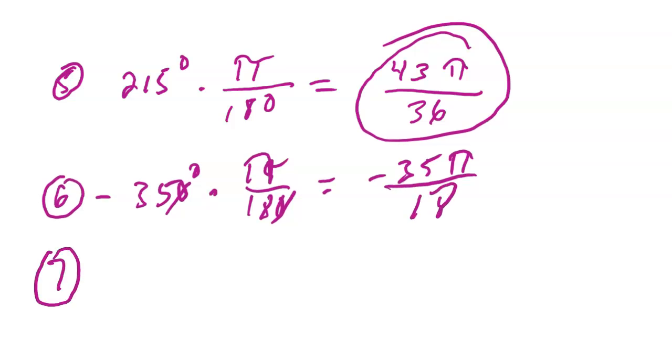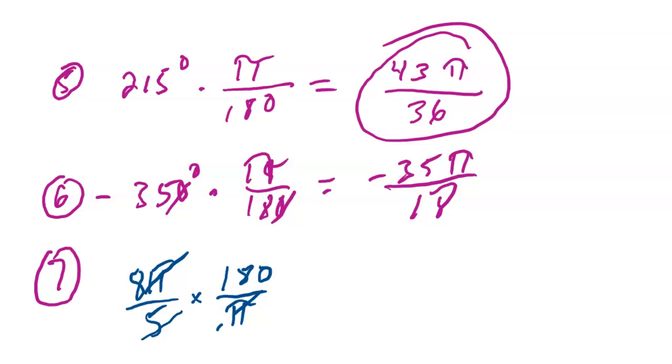On to 7. We're ripping through this, man. So 288, whoa, that's the answer. I was cheating. It's 8 pi over 5. We're going to times by, now we want the pi's to cancel out, so we'll say 180 over pi. We want to go from radians to degrees. 5 goes into 180 36 times.